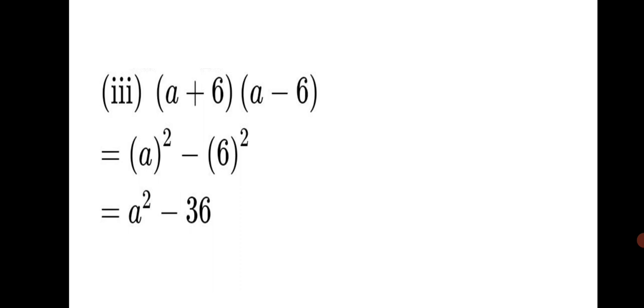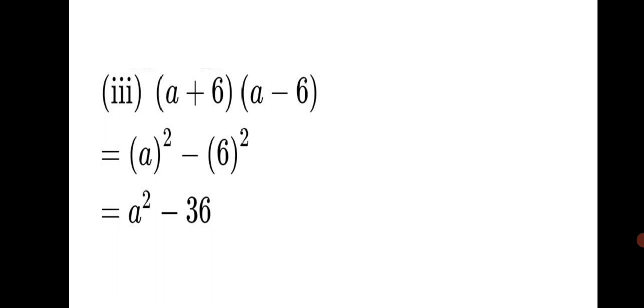Third question. (a plus 6) in one bracket into (a minus 6) in another bracket. Again we see they are in the form (a plus b) into (a minus b), which is equal to a square minus b square. So same formula we are going to use here, but we are going to take the values which are given in the question.